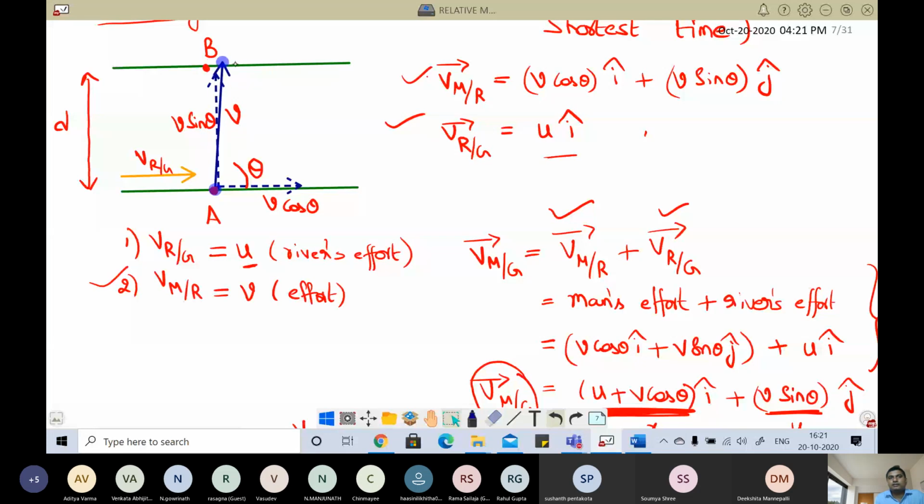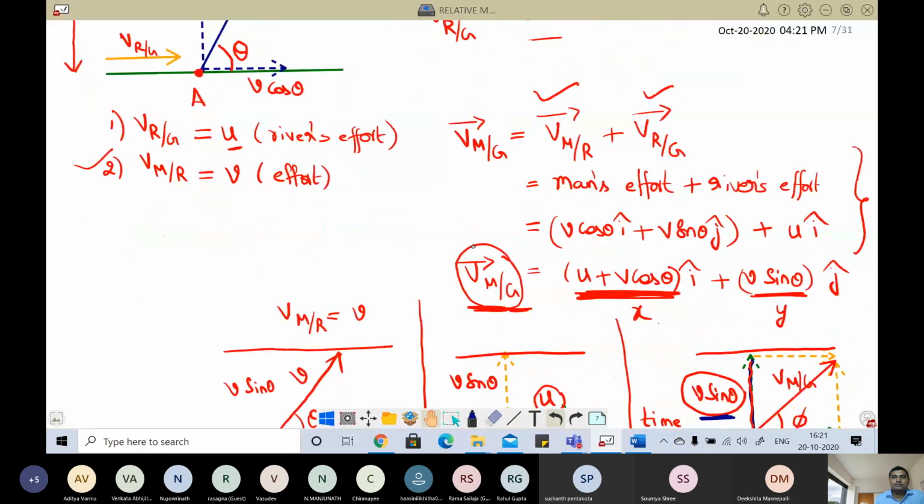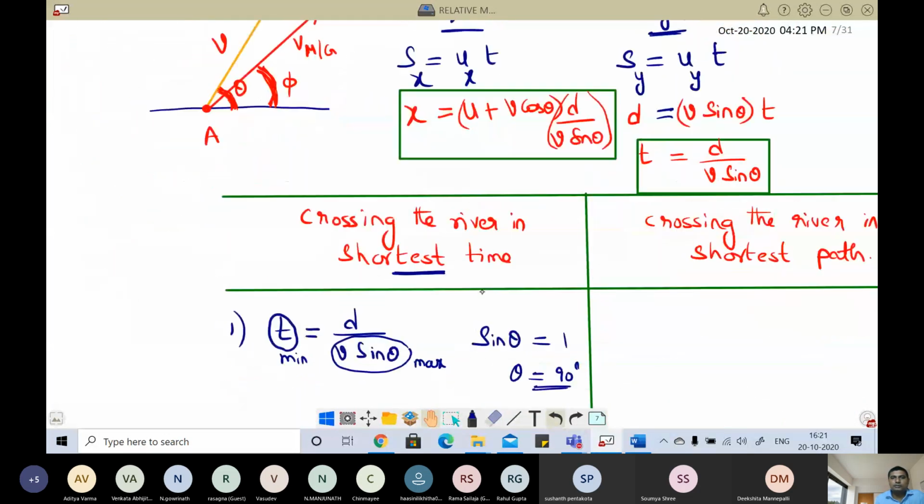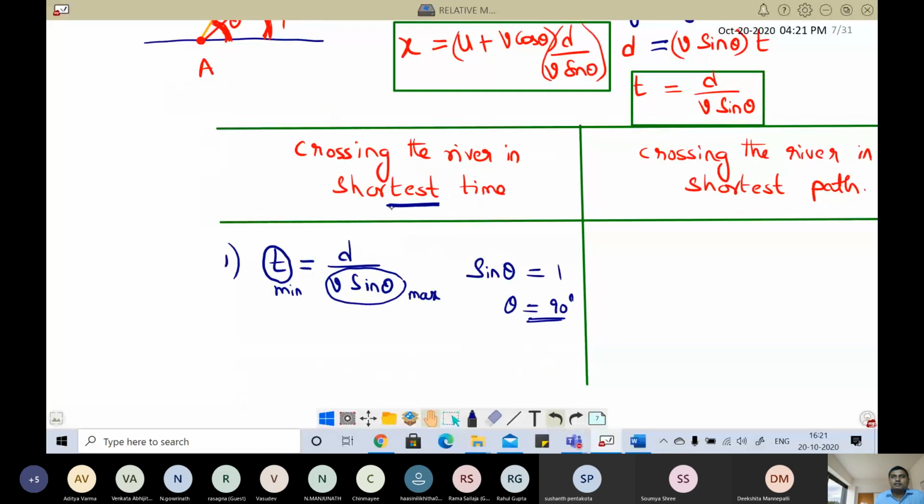Then you can cross the river in the shortest time. This theta indicates the angle made by the man's effort. Please remember attentively, the angle made by the man's effort with respect to river flow should be 90 degrees.